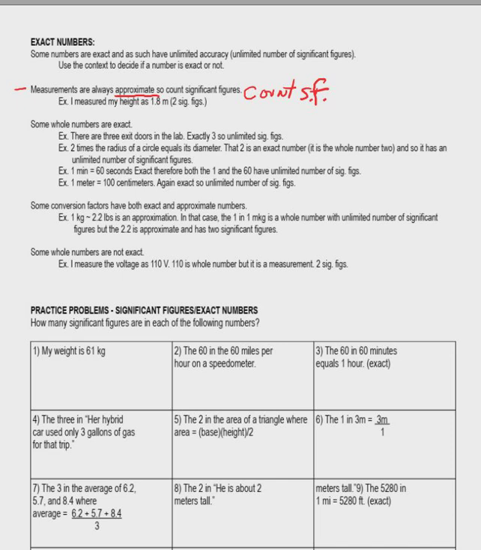For example, the number of doors in your room. You can't have 3.5 doors unless there's actually a half a door. So you would count the number of doors, the radius of a circle. Two times the radius of a circle equals the diameter. 1 minute equals 60 seconds. 1 meter is 100 centimeters.